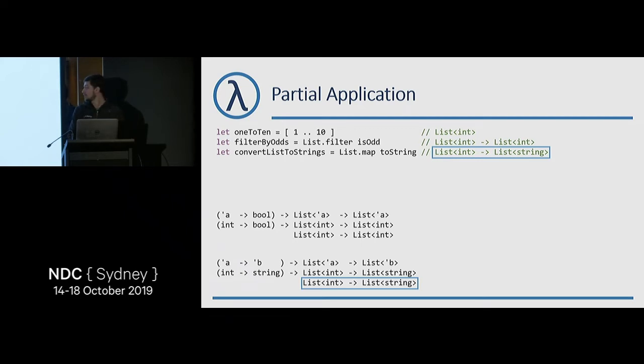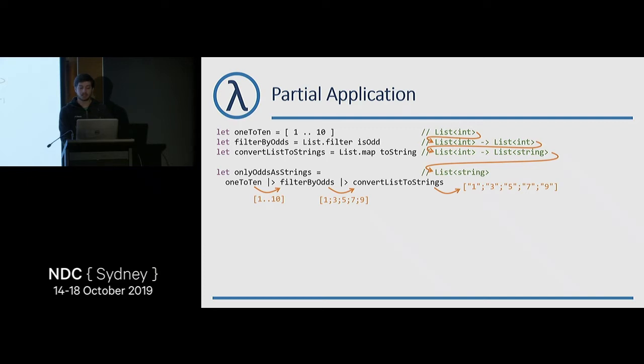So when we pass our toString function, we're going to make those type parameters concrete. So a becomes int and b becomes string. Then, because we're only passing one parameter, we're going to get back a function that takes the rest of them. So now we're getting back a function that takes a list of ints and will return us a list of strings. So now we've got our convert list to strings function.